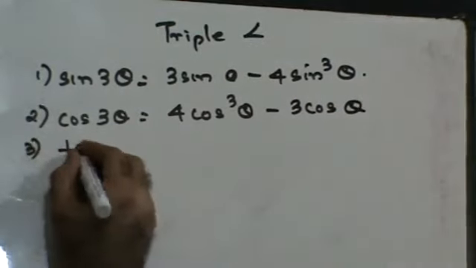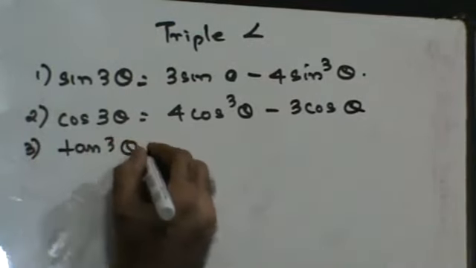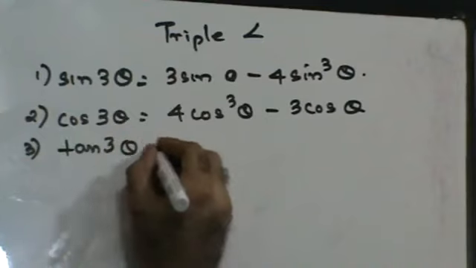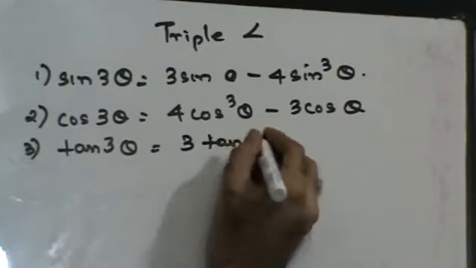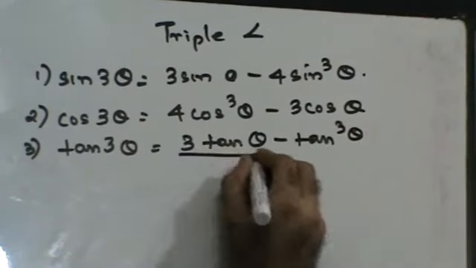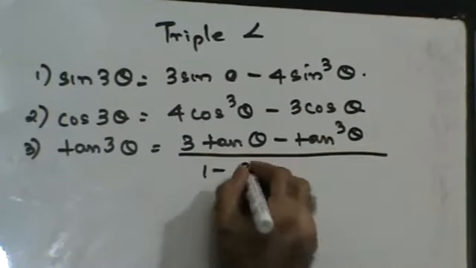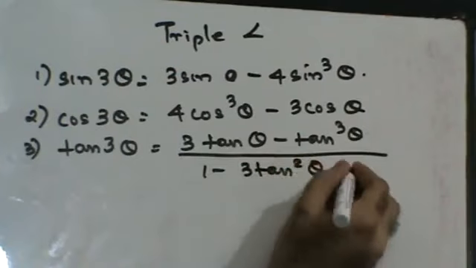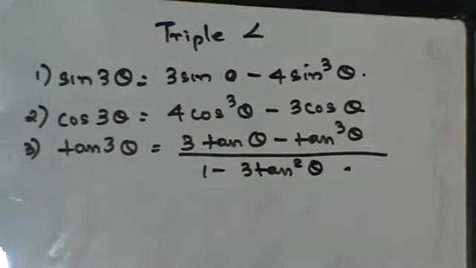Next, tan 3 theta is (3 tan theta minus tan cube theta) upon (1 minus 3 tan square theta). These are my 3 triple angle formulas. I don't think I've given you these formulas before. That's the reason I've given you all the formulas now.